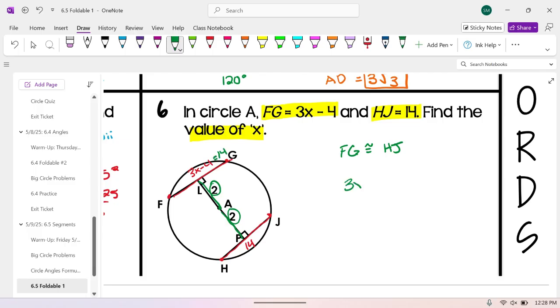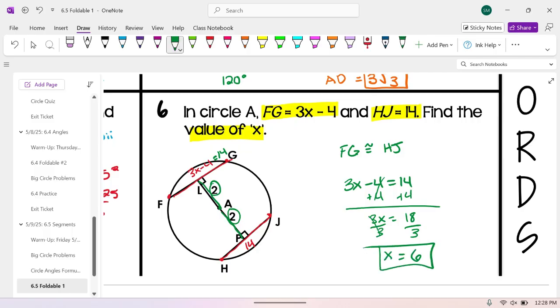So to set it up, we have 3x minus 4 is equal to 14, and then we can solve. Right? Add 4 to both sides. Okay. Yep. And that's exactly how you do it.